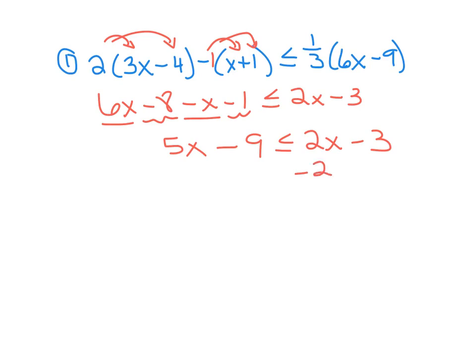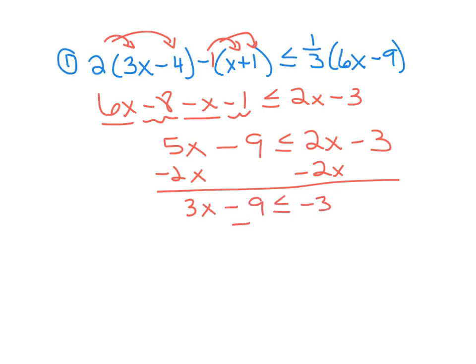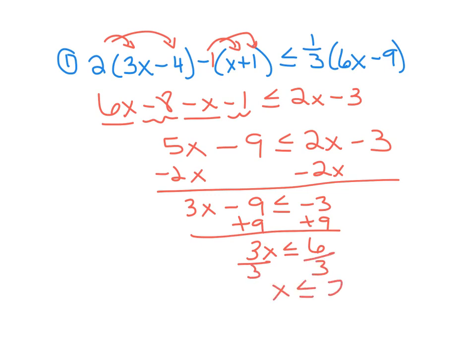Now I'm going to subtract the 2x from both sides. So 3x minus 9 less than or equal to -3. Add 9. 3x less than or equal to 6. Divide by 3. X is less than or equal to 2.